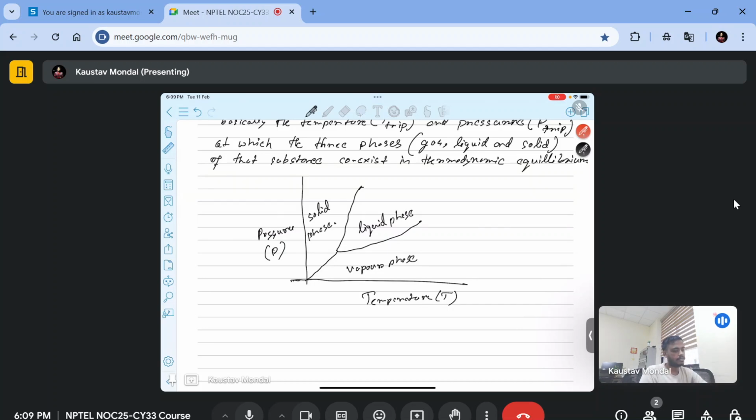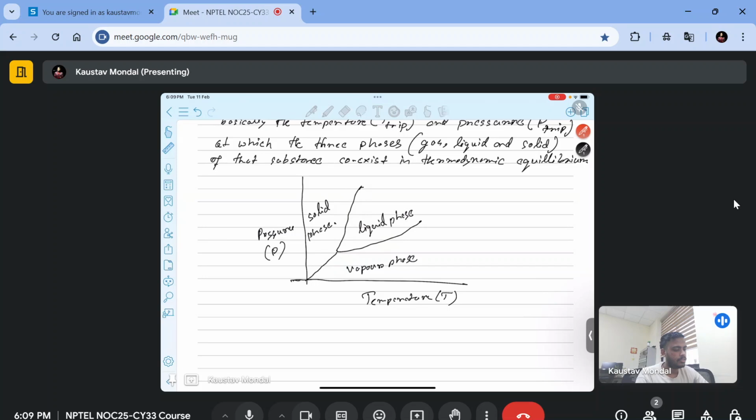This boundary line is between solid state and liquid state. Similarly, this line is between liquid state and vapor state, and this line separates solid state from vapor state. These are the transition lines between the three states.